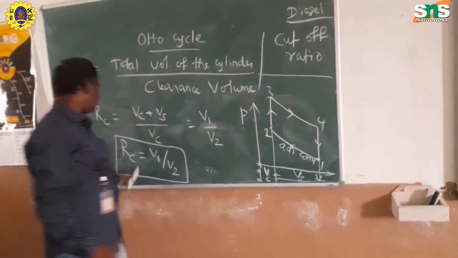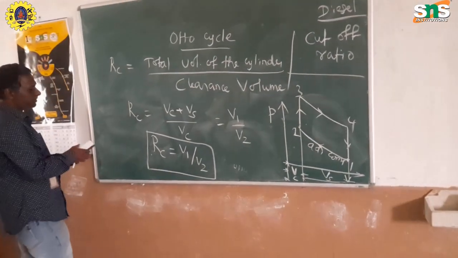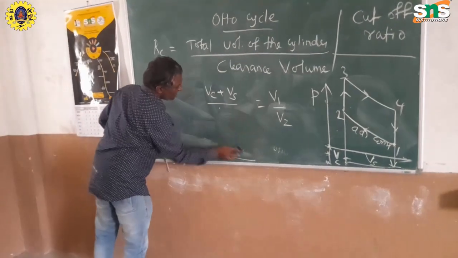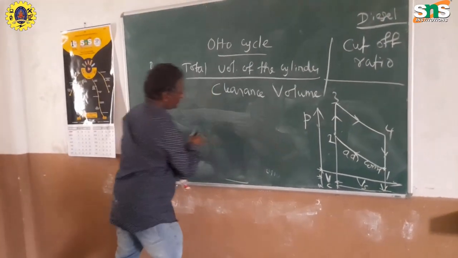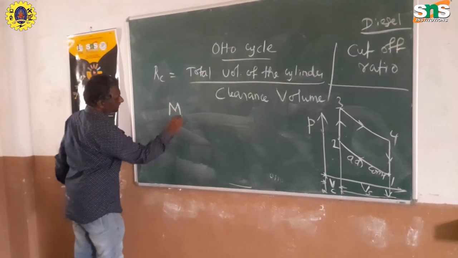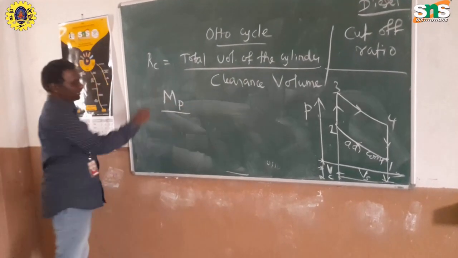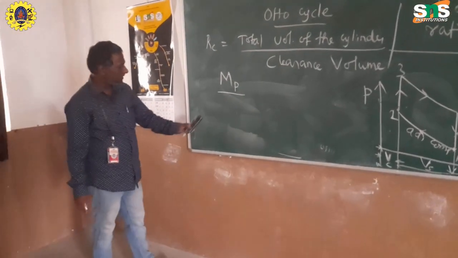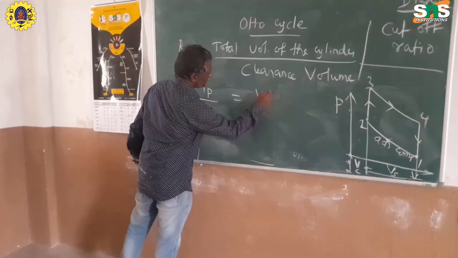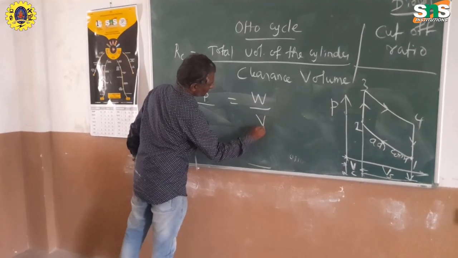Then one more important thing is mean effective pressure. In general, mean effective pressure can be defined as the ratio between the work done and the stroke volume.